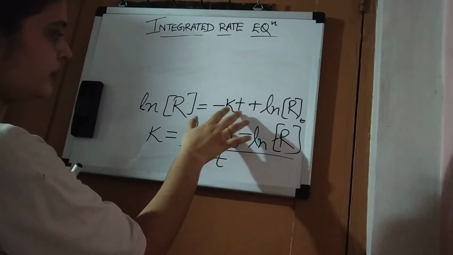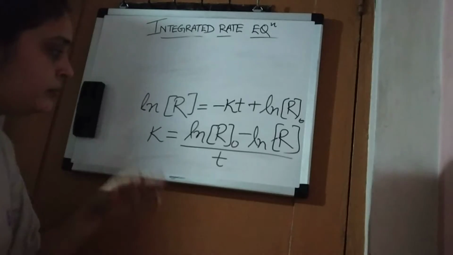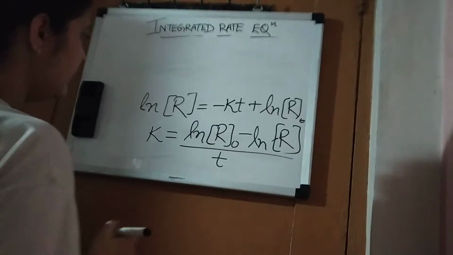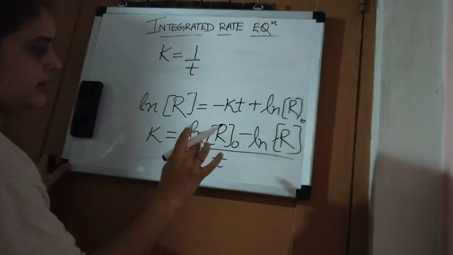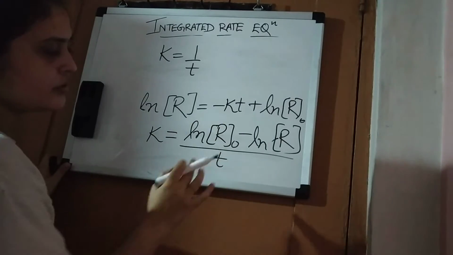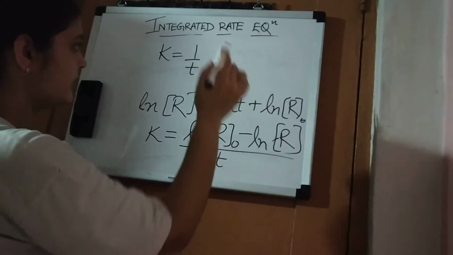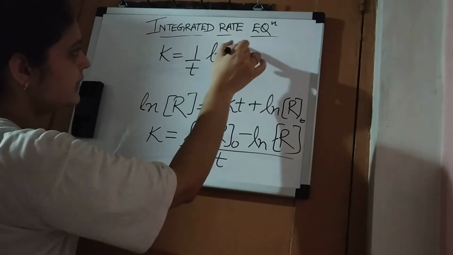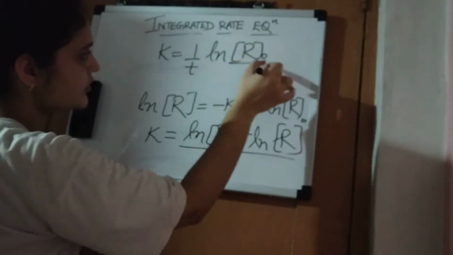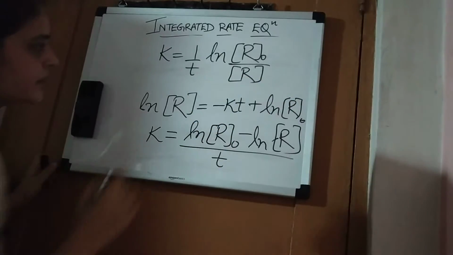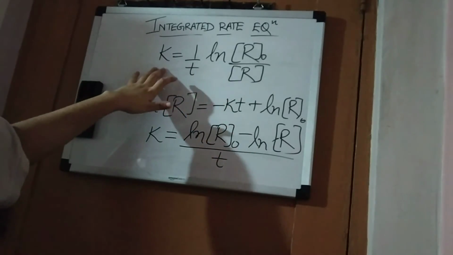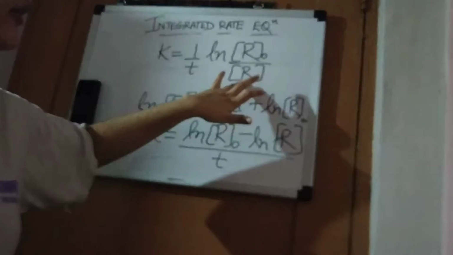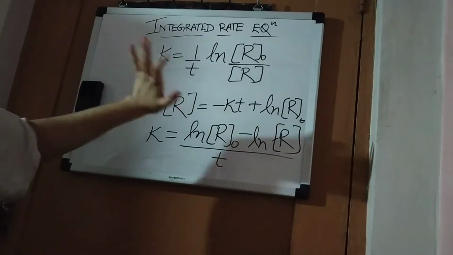Yes. So now how can we rearrange this again? k will be equal to 1 by t, ln R naught minus ln R, which equals ln R naught divided by R, that is ln of R naught concentration upon R. So this is the rule for log. This is how we can find the rate constant if we know the initial concentration of reactant and the final concentration of reactant at time t.